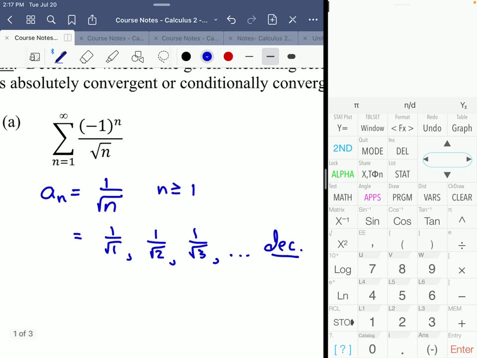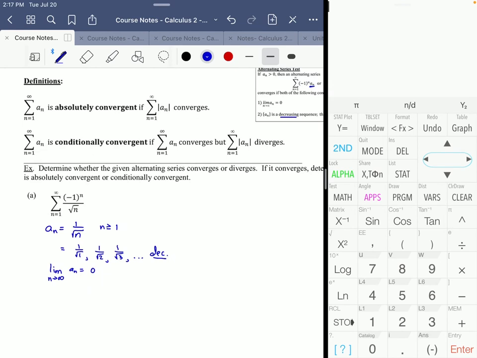The limit as n approaches infinity of a sub n is going to 0, for whatever rules you prefer to use, whether it's the horizontal asymptote or L'Hopital's rule, or a graphical approach.